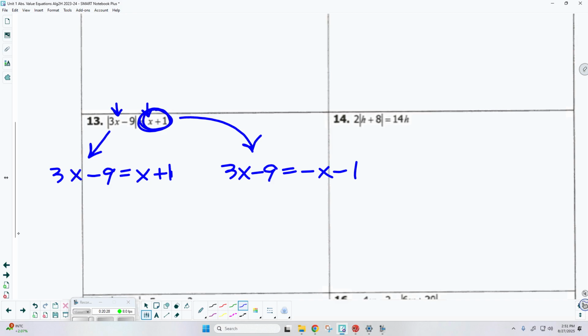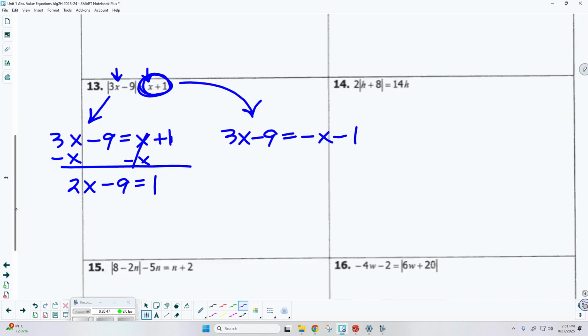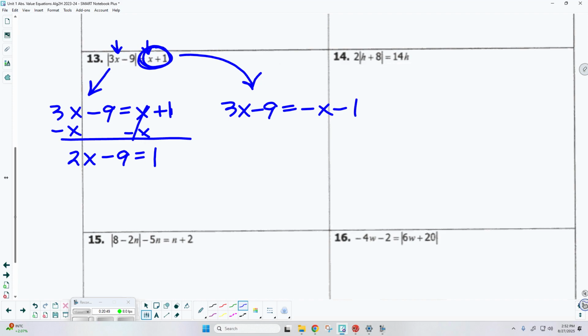Okay. What term would you like me to move in the first one? You want me to move one of the x's or one of the constants? Negative x. Okay. So let's go ahead and subtract the x. Okay. Those are going to cancel. So I've got 2x minus 9 is equal to 1. Okay. Now I've got the x's together, but now I have to isolate it. So what's moving now?